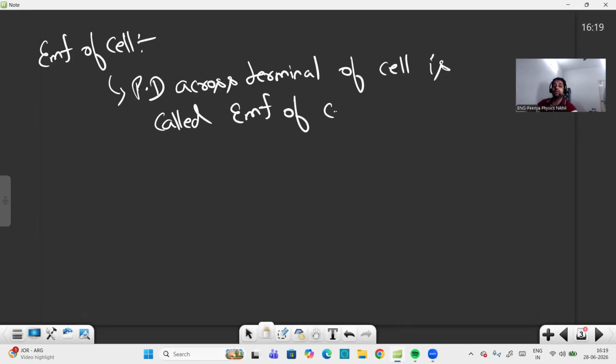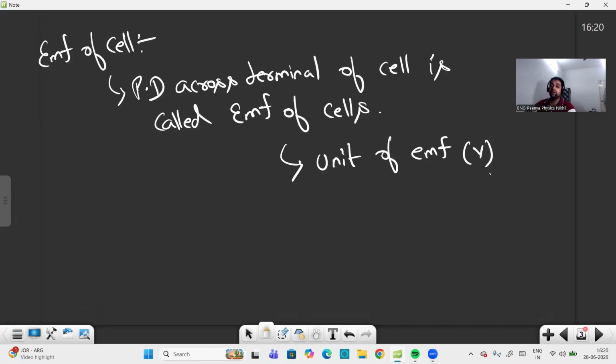We will understand it better in the coming examples, but for now keep it in mind. Because it is a potential difference, the unit of EMF is nothing but volt.